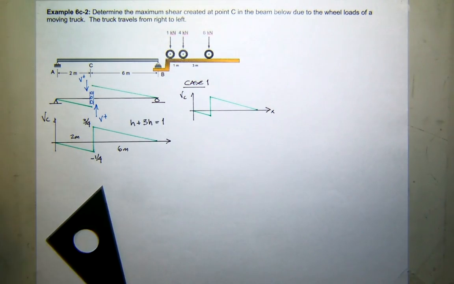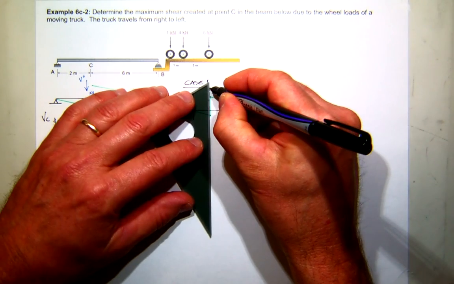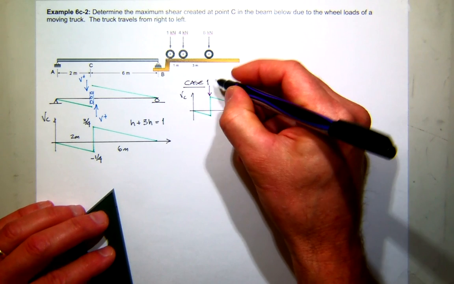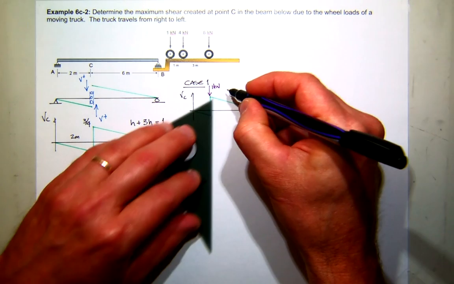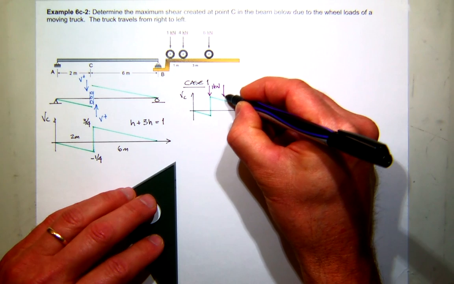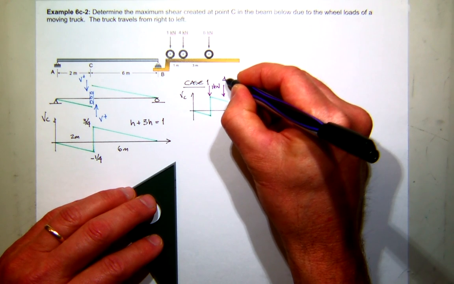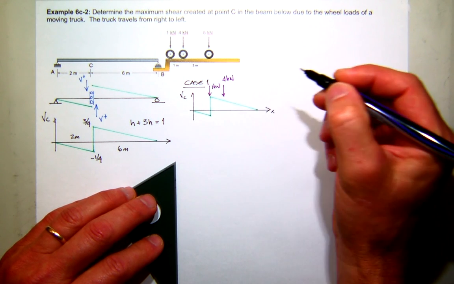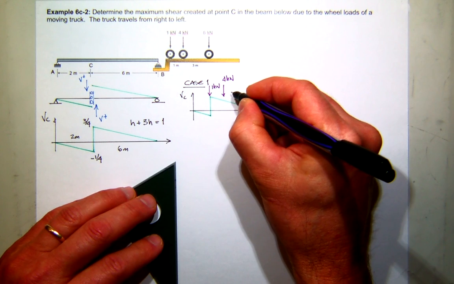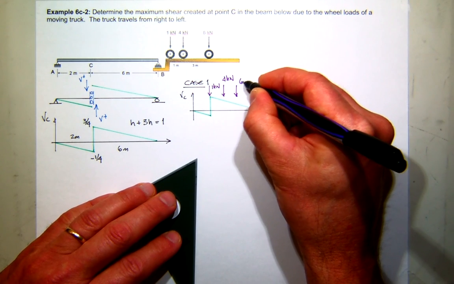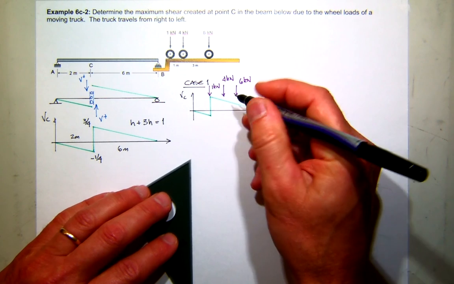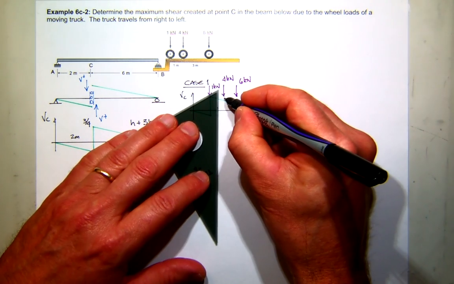And we'll let our load slide over. So at the top will be the first load of 1 kilonewton, and then a meter back 4 kilonewtons, and then 3 meters back 6 kilonewtons. It looks like I should have drawn that a little bit bigger.